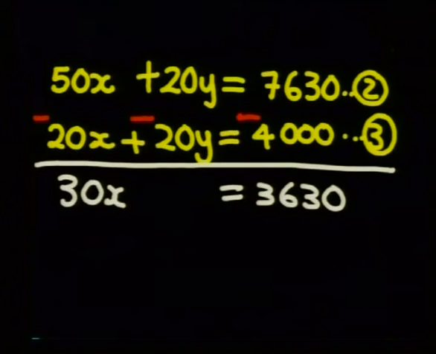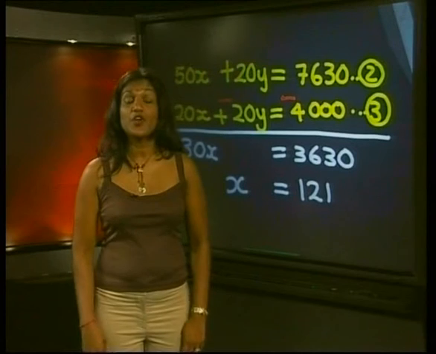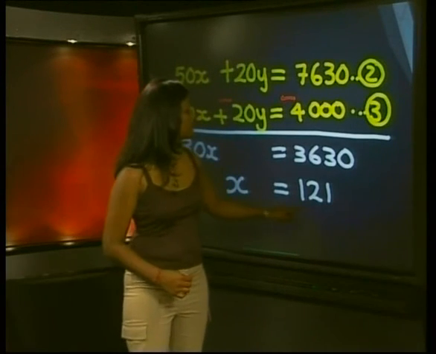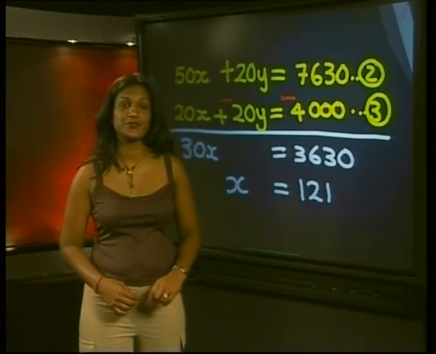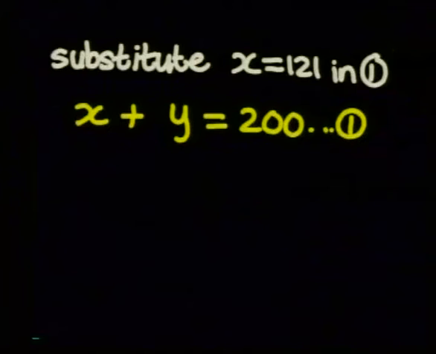So to solve for x, we need to divide both sides by 30, and I get x is equal to 121. Remember, x was the number of 50 Rand notes, so we have 121 50 Rand notes. Now, we can find the number of 20 Rand notes, the y value.